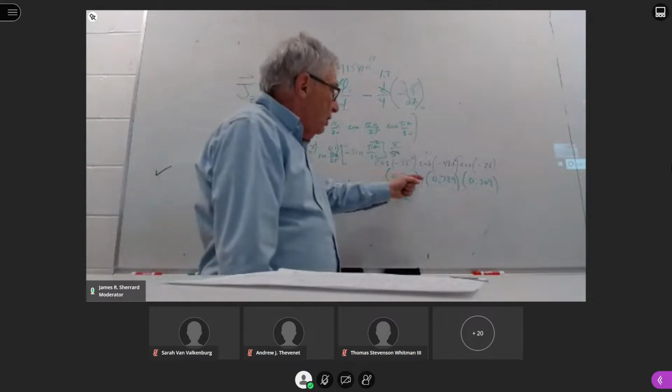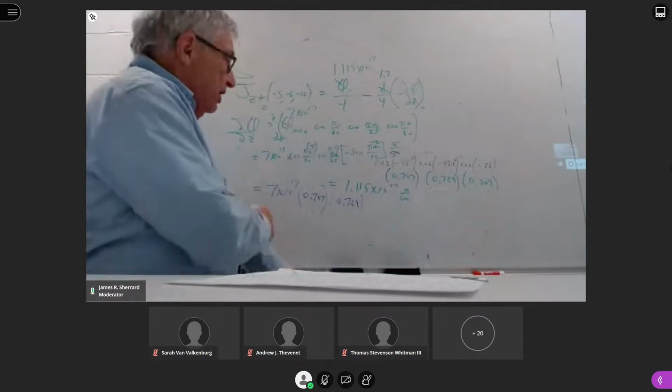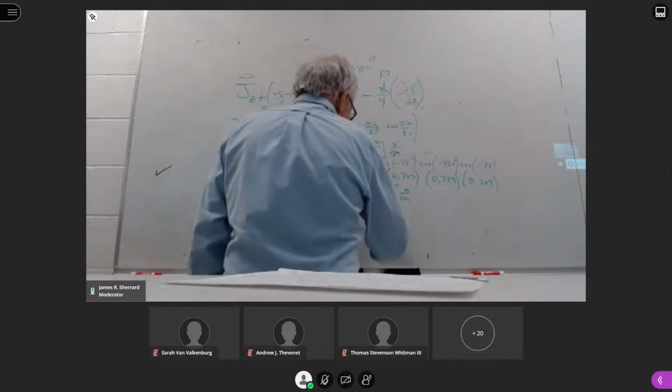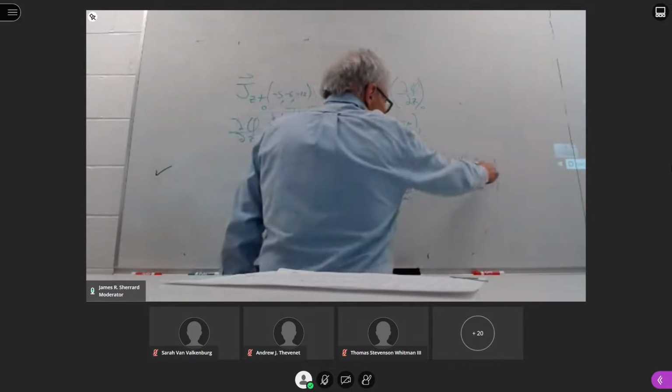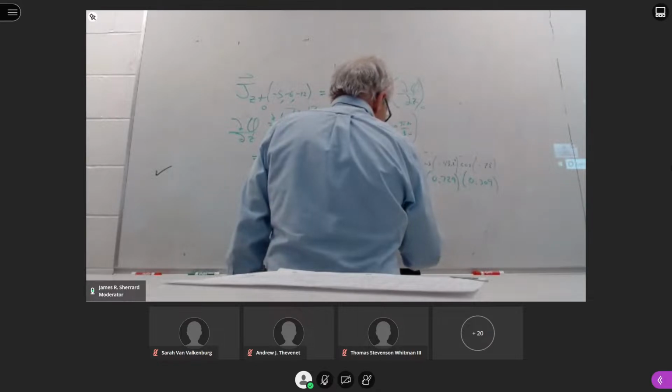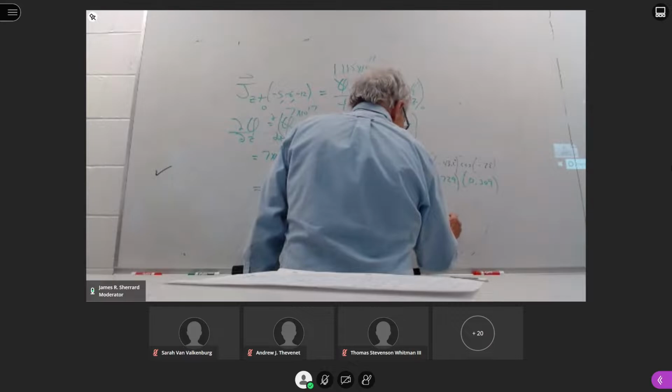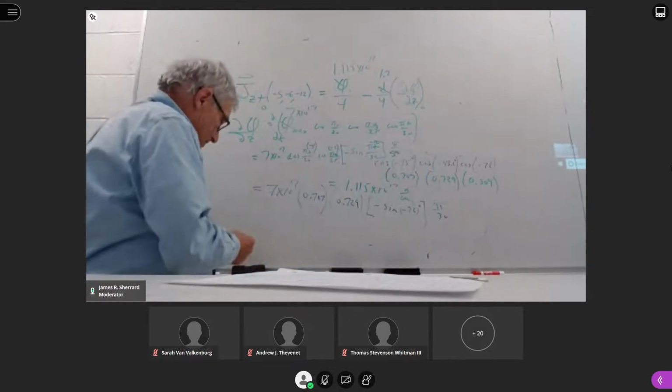Because you're probably going to find yourself going back to use these values again, and it just saves you having to recalculate this. So this is going to be now minus the sine of minus 72 degrees times pi over 30.